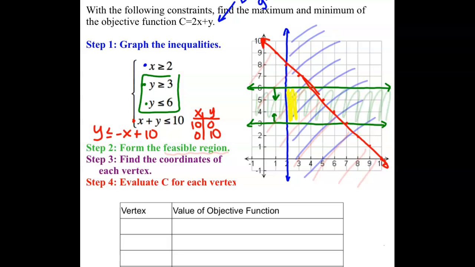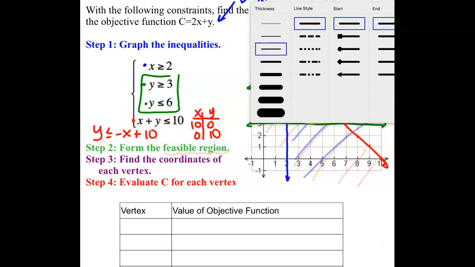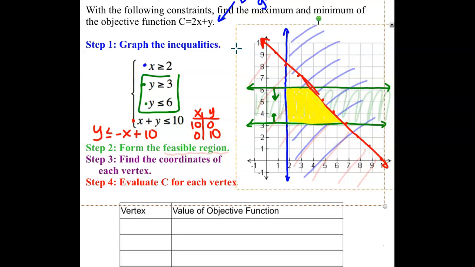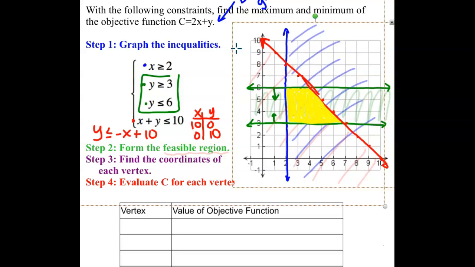So this section in here is what's creating that feasible region. So when you do your graphs, I would recommend using a straight edge so that you really get an accurate line, because what we're going to be looking for is the corners of our graph.